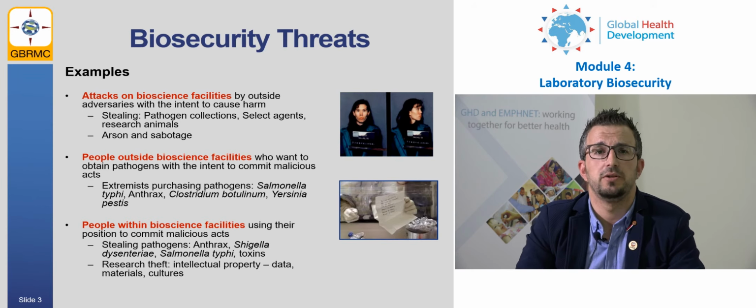This situation we call bioterrorism. And the other is an attack from inside the institution, from personnel. This is very critical and the most dangerous case, because this person knows our system. They know where the biological material is and where the biosecurity system is located. These are the 3 major categories.